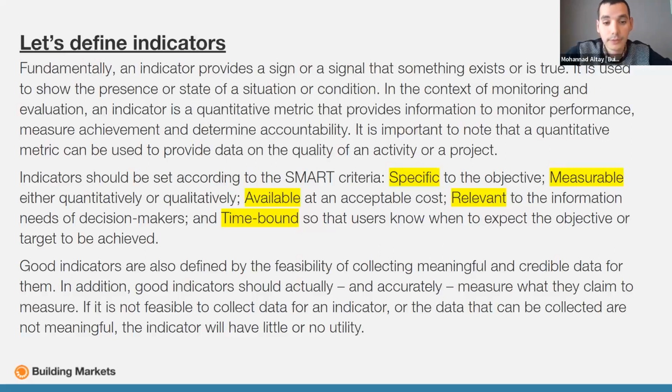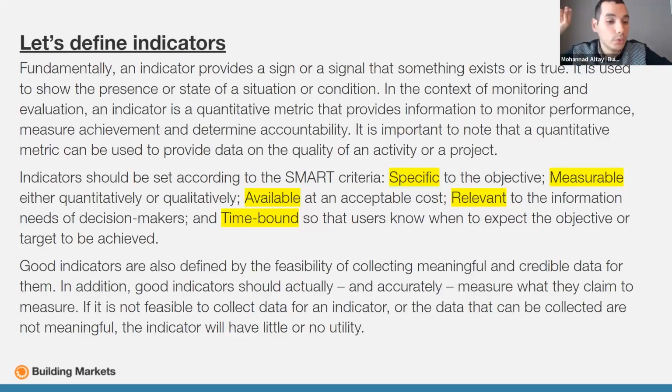And the last item of our criteria list is time bound. Make sure that your indicators are time-bound. That means you know when you are going to arrive at a specific outcome or a specific result.